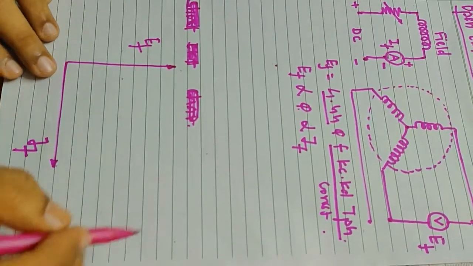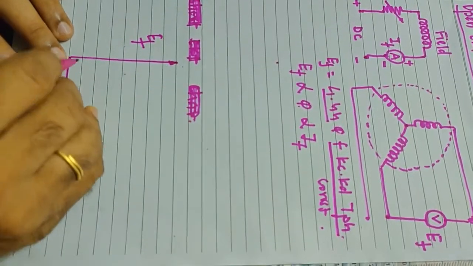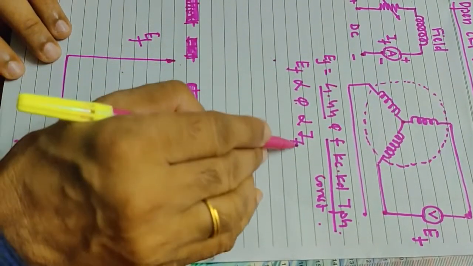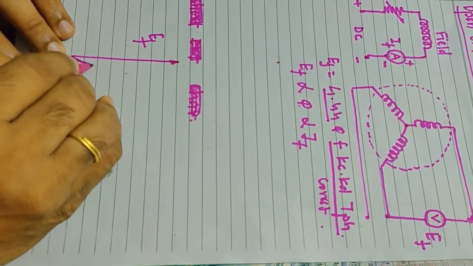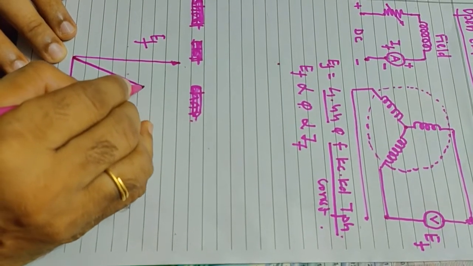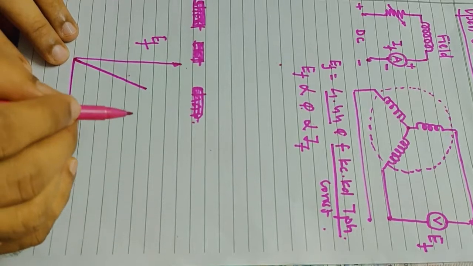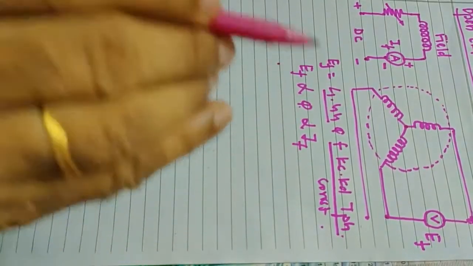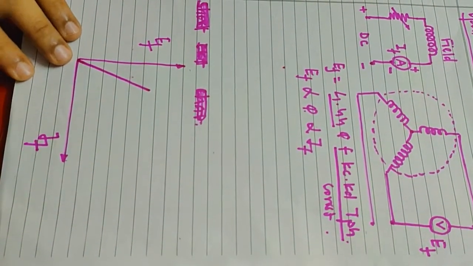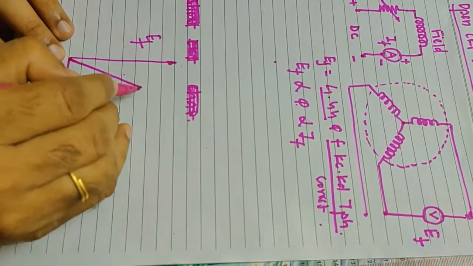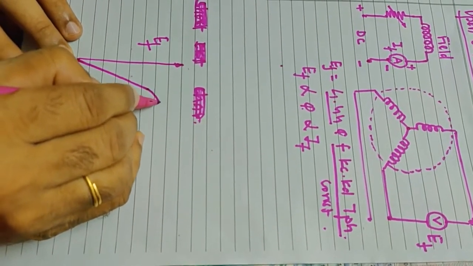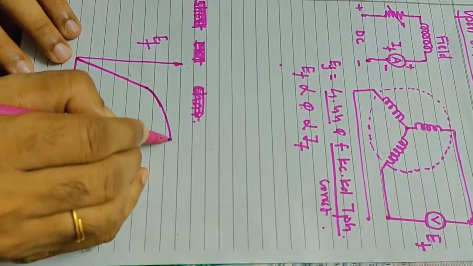Initially EF is proportional to IF, so the graph is a straight line. But once saturation starts in the iron part, EF is not proportional to IF, so the graph bends like this.